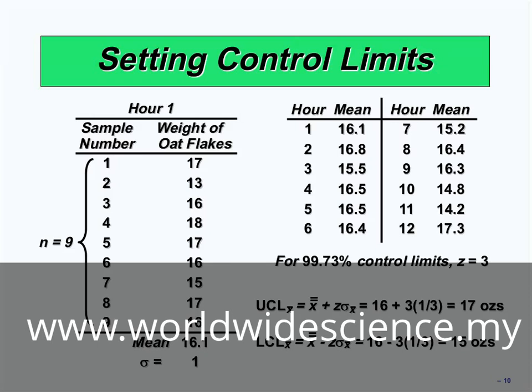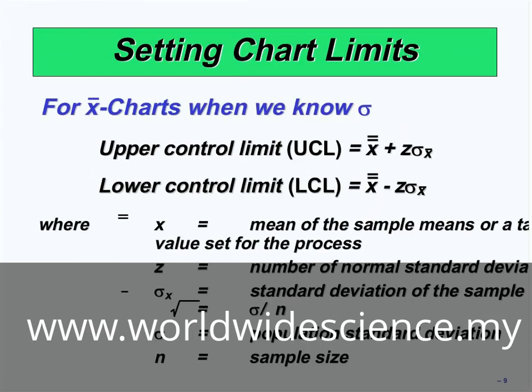Lower control limit is the same. We have not written the radical, but in this slide there is a radical. Unfortunately it has a little mess. The radical is behind the equal sign, but it should be after the equal sign: radical sigma divided by radical n.